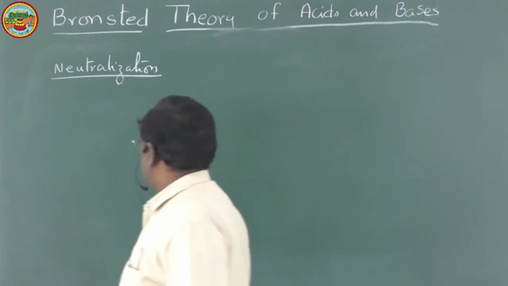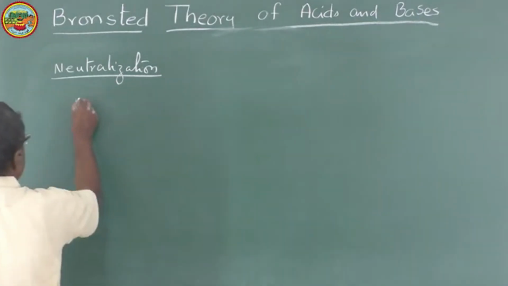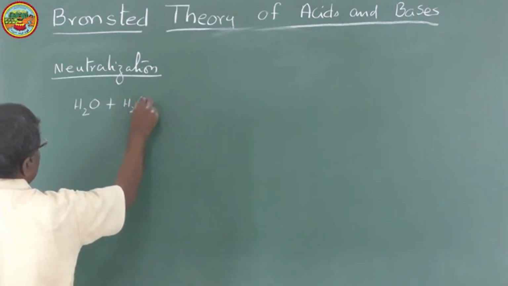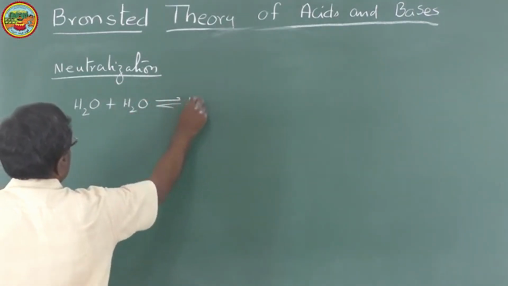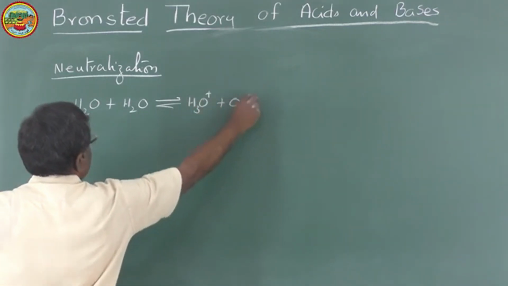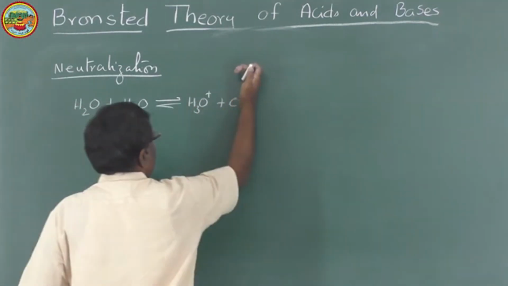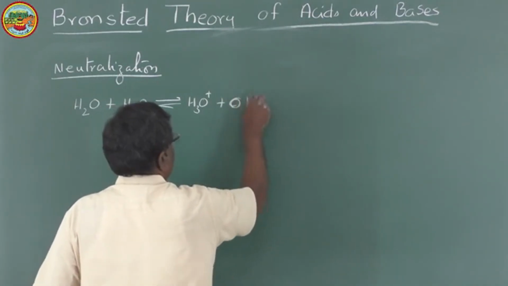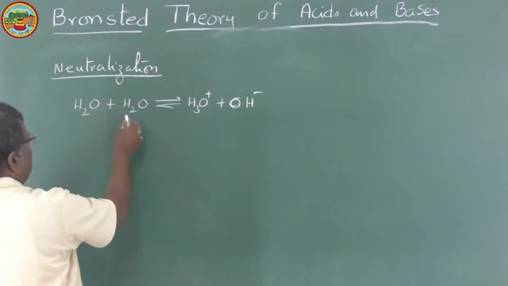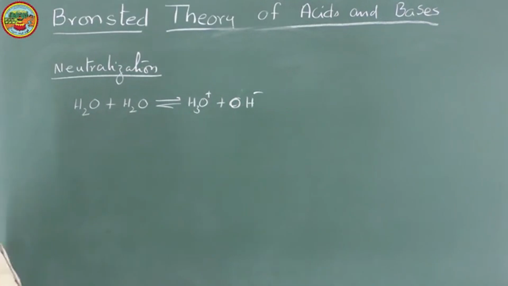For example, if you take H2O plus H2O, reversibly gives H3O plus and OH minus, this is considered as a neutralization reaction, because here a proton is transferred from one molecule to other.